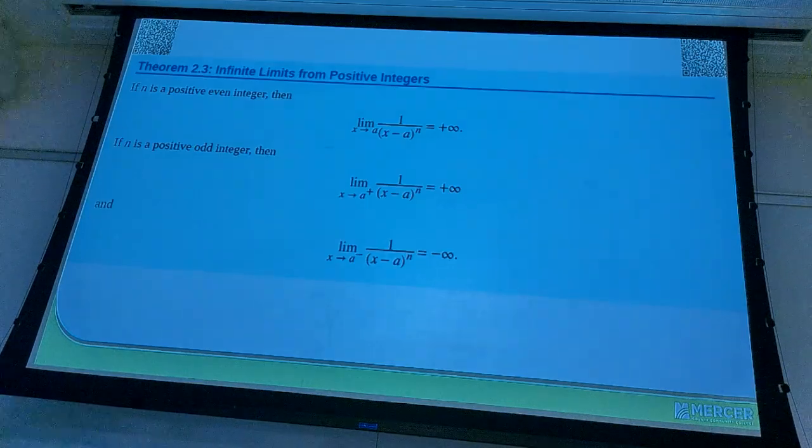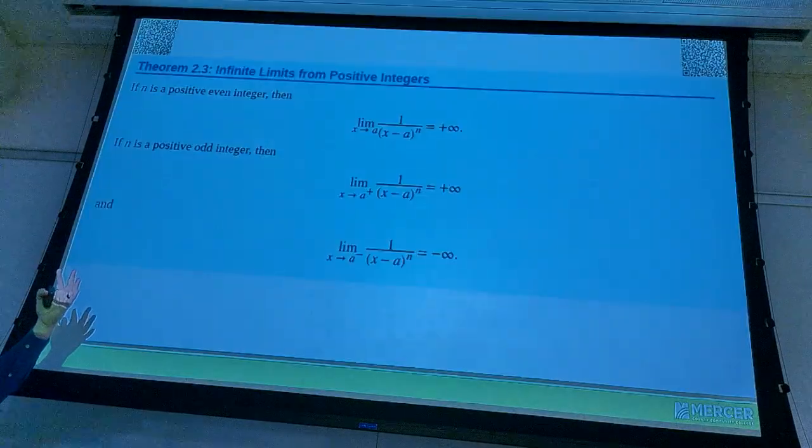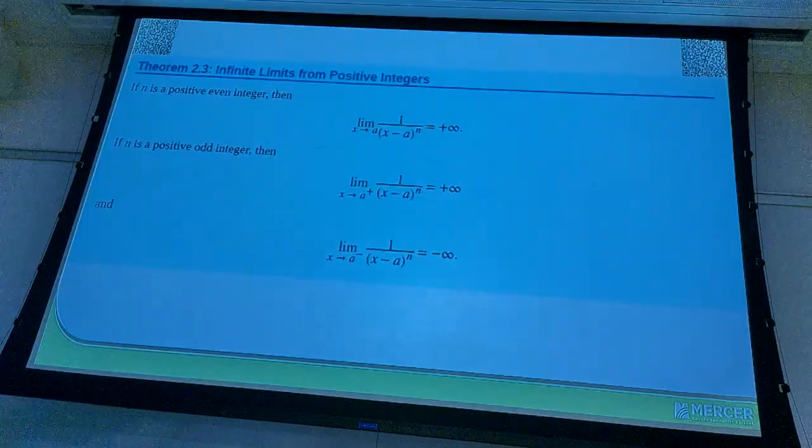The second method is numerically, and that is done by creating a table of values. You take values on the left side of A and ask what f equals for those values.